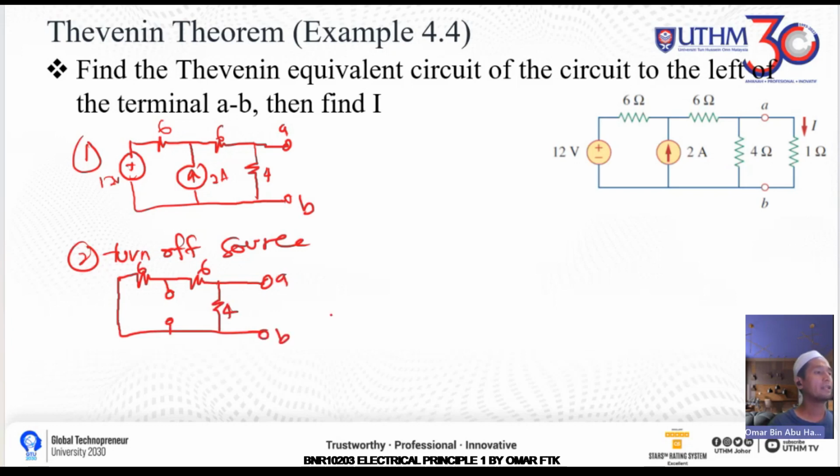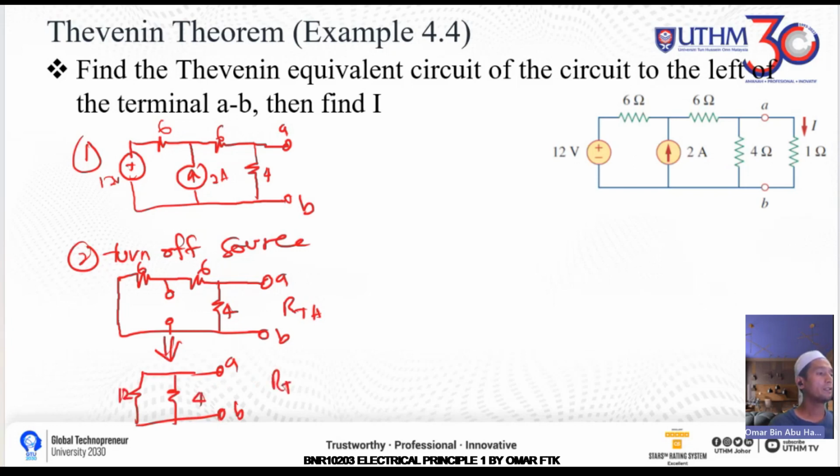Then after that, you can determine the RTH, which is the equivalent circuit for this. So 6 plus 6 will be 12, right? So if you simplify, your circuit will be like this: A, B, 4 and 12.